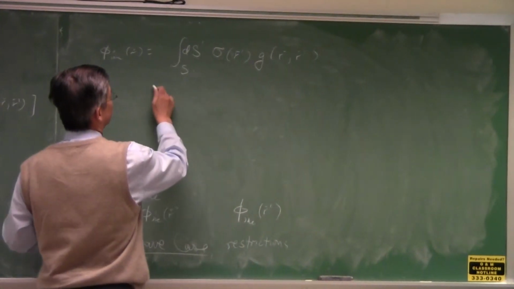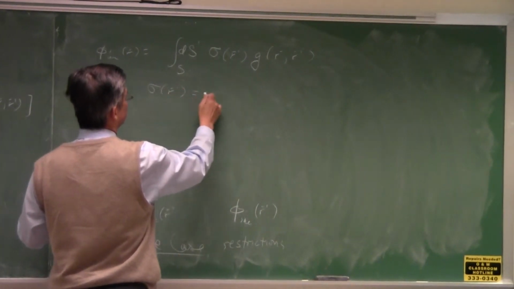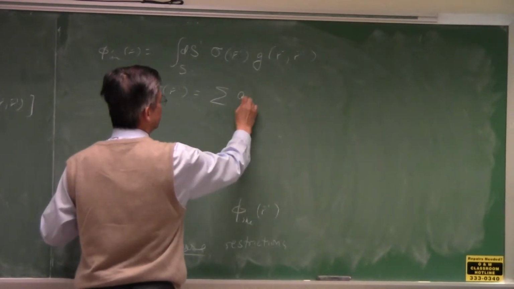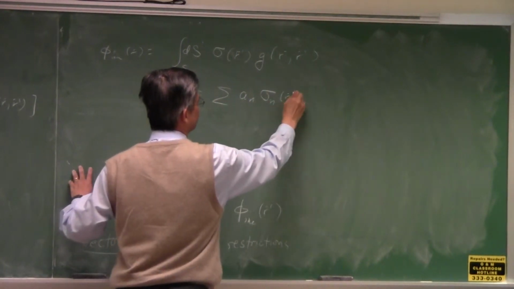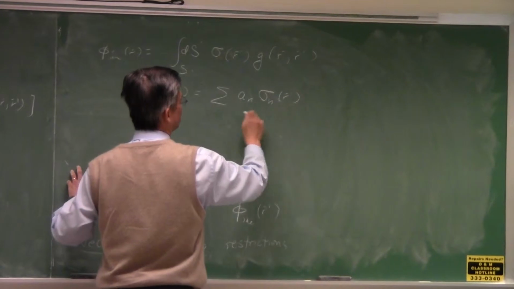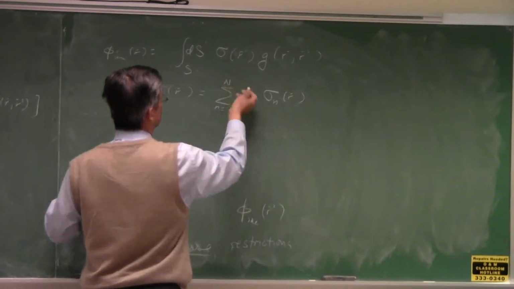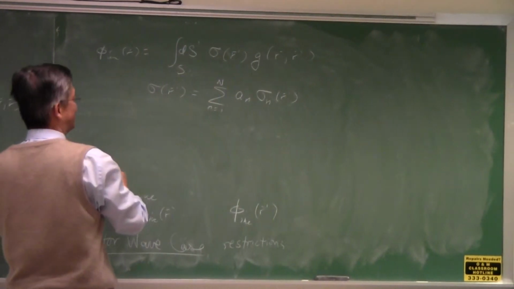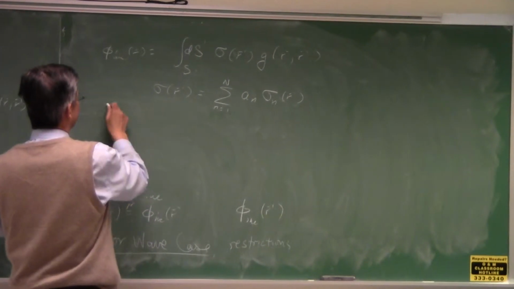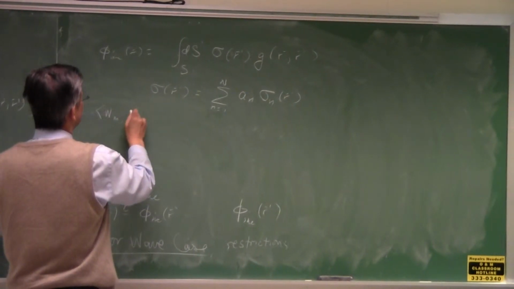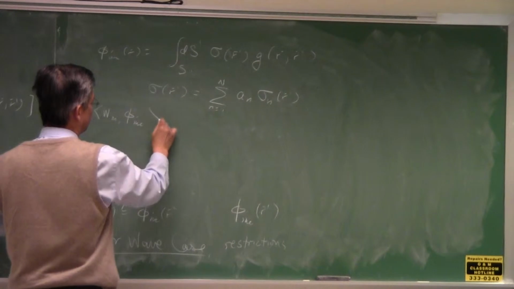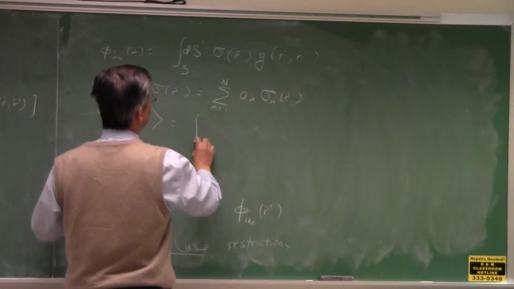You let sigma of r be equal to a set of basis functions, and then after you substitute in, you test it with another set of basis functions. You get this equation at the final n.